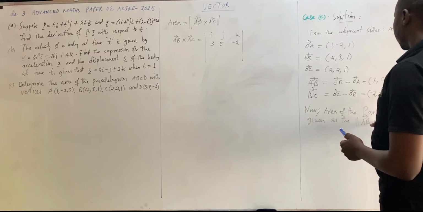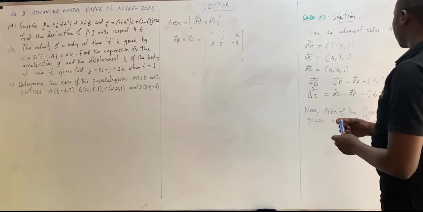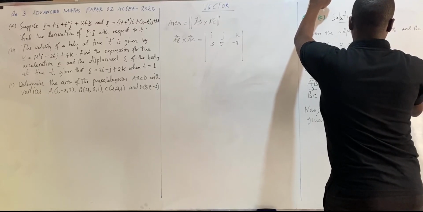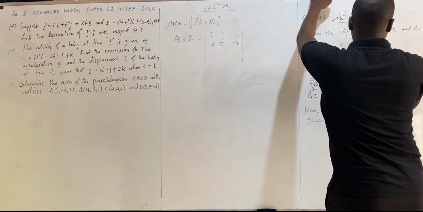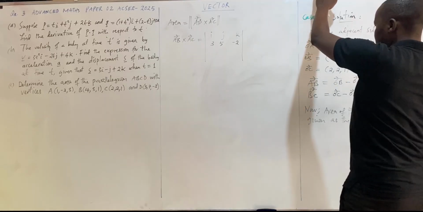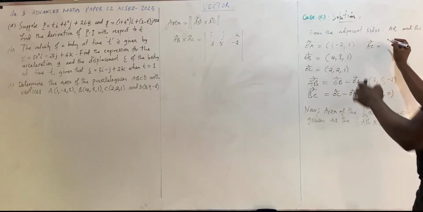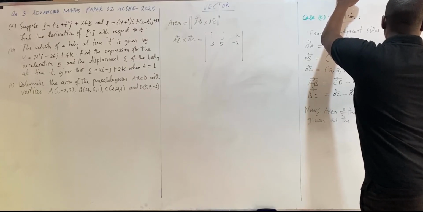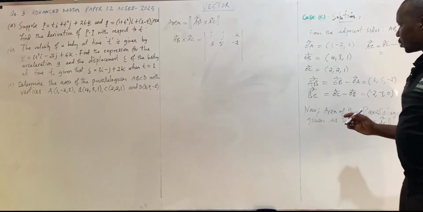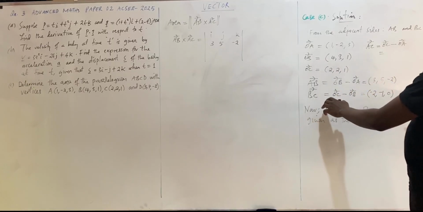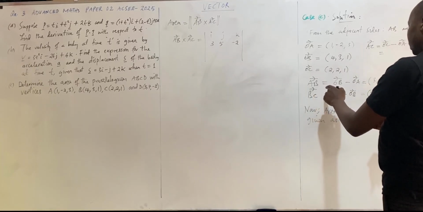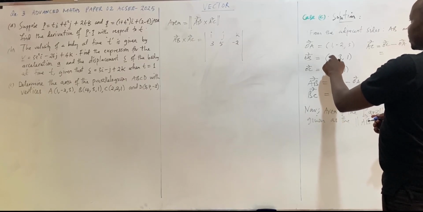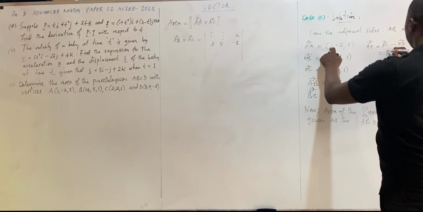So that is AB and AC. Here we need to find also AC. AC was very important. It means we take OC minus OA. So 2 minus 1, we get 1.